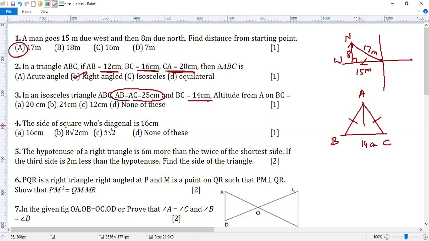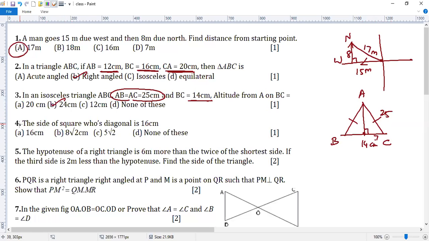Altitude from A on BC is the perpendicular, right? So the altitude length is the question. So this is 14. Obviously, it's an isosceles triangle, so obviously you'll have the perpendicular bisect the base. So 7 and this side is 25. 7, 25 as hypotenuse, which corresponding triplet will it be? Answer is 24. Option B, 24 centimeter.